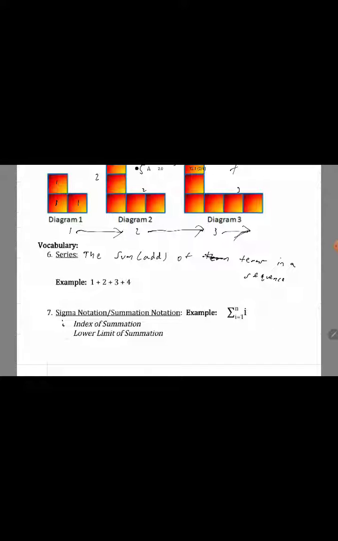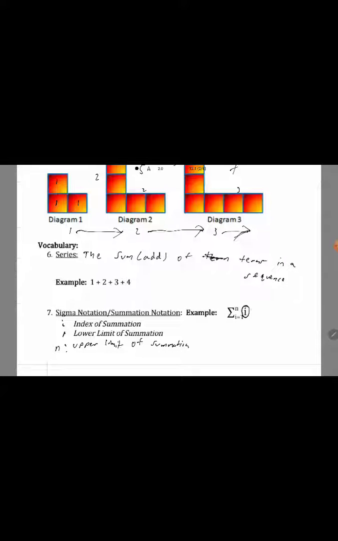The lower limit is usually 1, and then we have an upper limit of summation, and this is n. The index of summation starts off as 1, and then we plug in 2, the first term, the second term, the third term, the fourth term. So we plug 1 in the equation, 2 in the equation, 3 in the equation, 4 in the equation. This i right here is the equation itself.